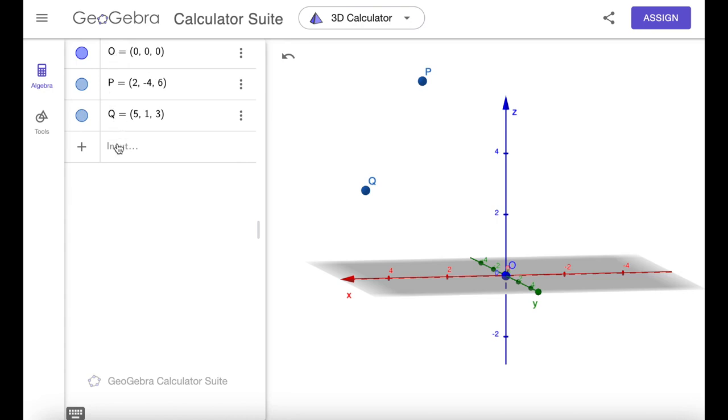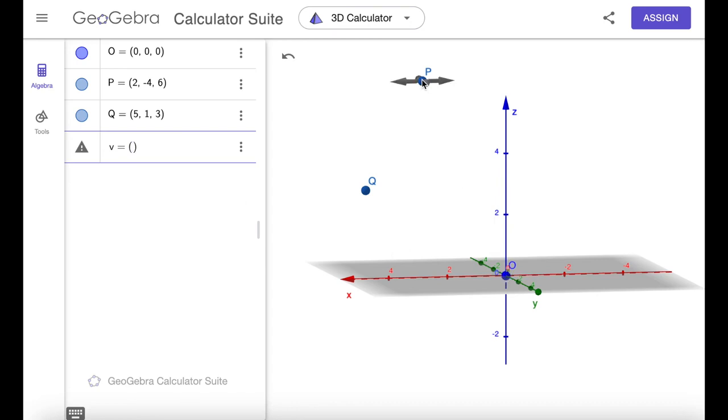But in order to determine the equation of the plane that passes through these ordered triples, essentially we need two vectors that are in the plane. And what we'll start off with is saying, I'm going to call one of the vectors vector v. Again, lowercase is going to give me a vector when I open up the parens. And we'll talk about the vector from the origin out to this point that we've called p.